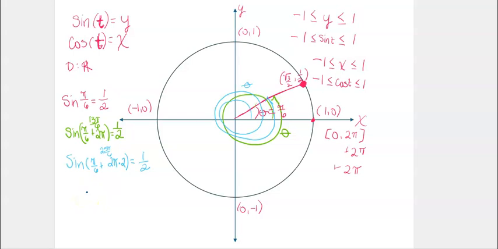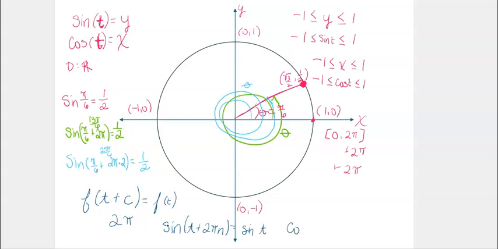Sine and cosine, or actually all of the trig functions, are periodic, which means f of t plus some period, some cycle, is equivalent to f of t. And the period of sine and cosine is 2 pi because it completes one circle in 2 pi radians. Therefore, the sine of t plus 2 pi n, where n is the number of times it goes around, is equivalent to the sine of t.